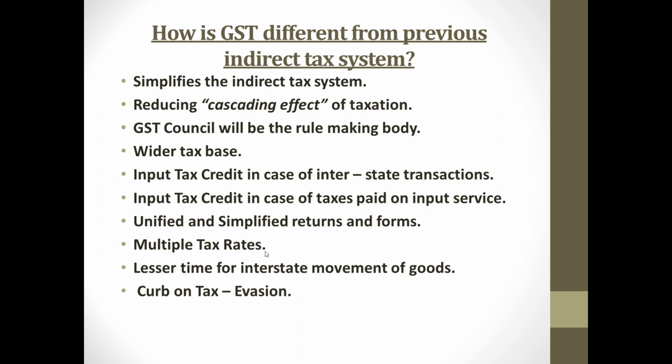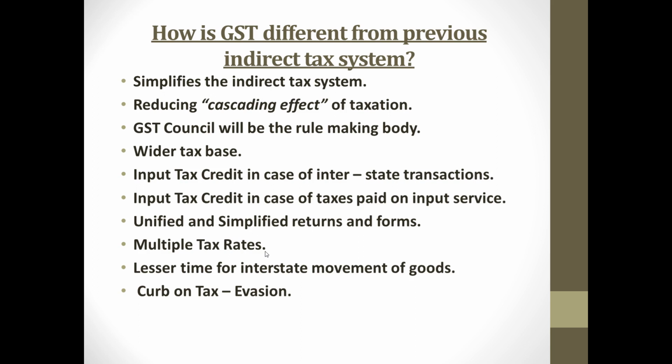Later on, we can expect that this multiple tax rate system will reduce to at least one or only two different tax rates. But for the time being, we have multiple tax rates, and the one benefit is that if a government wants to provide relief on a commodity that becomes essential for life, it can reduce the tax rate on it by shifting it from a higher tax rate category to a lower one.